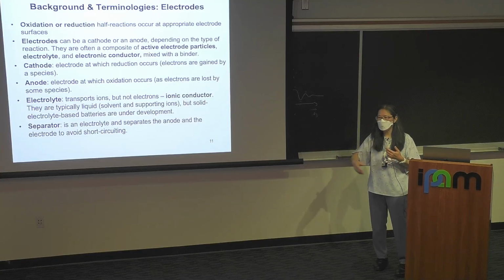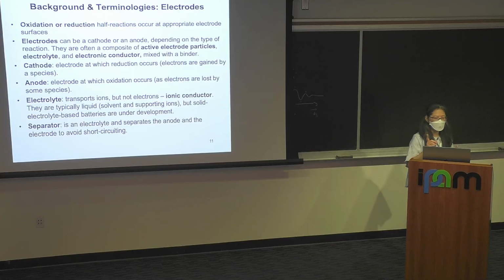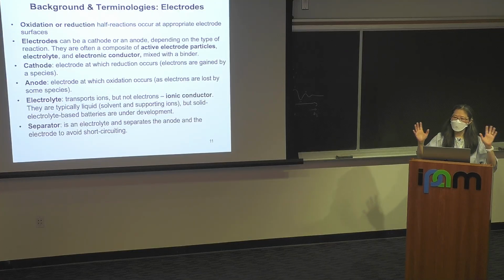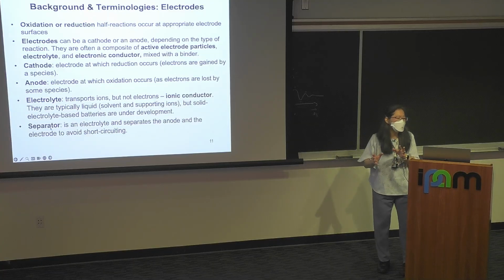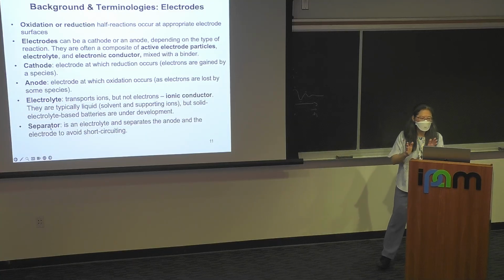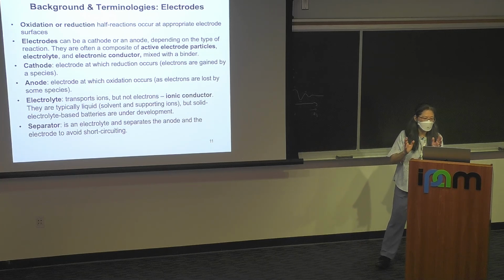The ions can diffuse or migrate through it, but not electrons, because if you have electrons moving around, you're going to get a short circuit. The separator is made solely of electrolyte, and it separates the anode and the cathode.